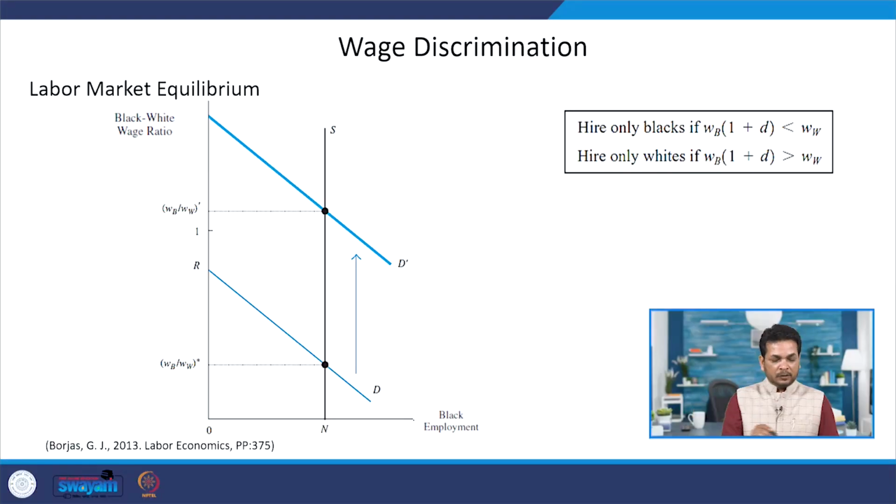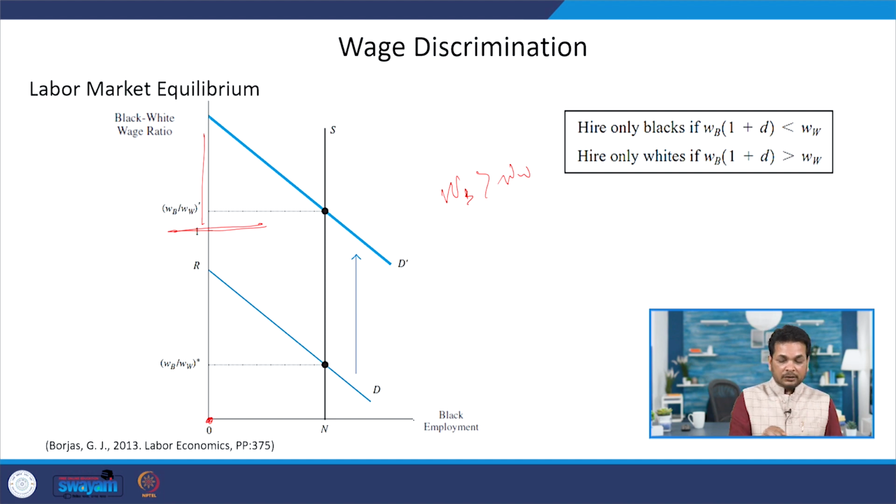So, what we are discussing here is that there will be no demand for the black workers if the WB is greater than WW. If it is more than that, then the number of black employment will be 0.